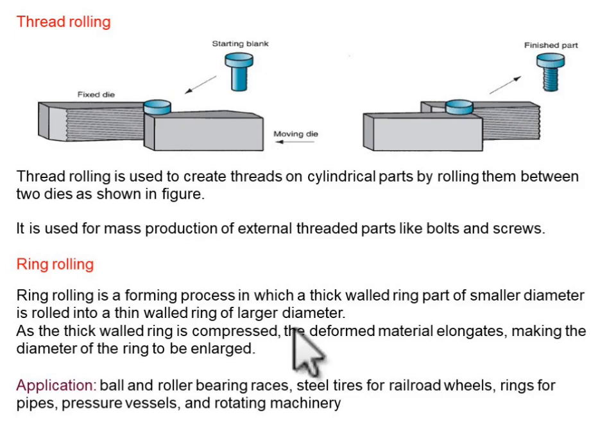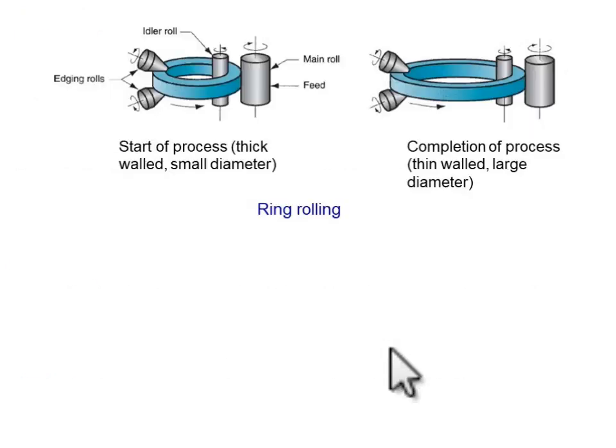Now ring rolling is basically used to increase the diameter of a ring. It is written here: a forming process in which a thick walled ring part of smaller diameter is rolled into a thin walled ring of larger diameter. The diagram is shown in the next slide. Consider this is the initial part, and it has a certain thickness, and the diameter is also less.